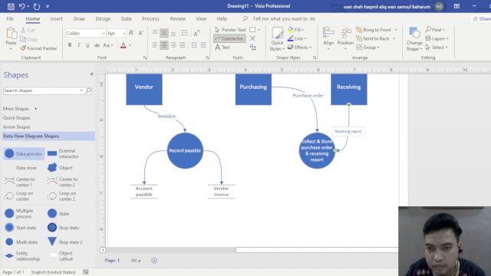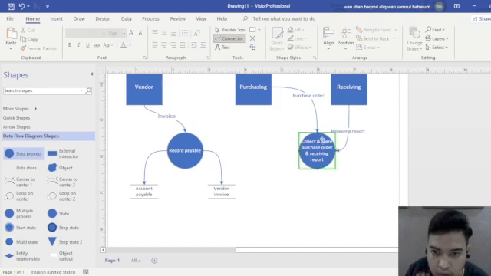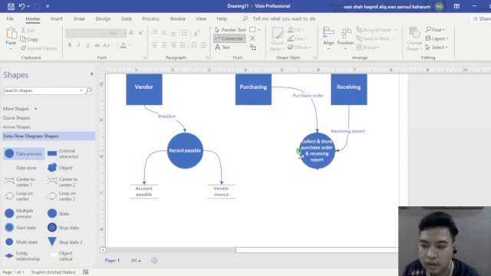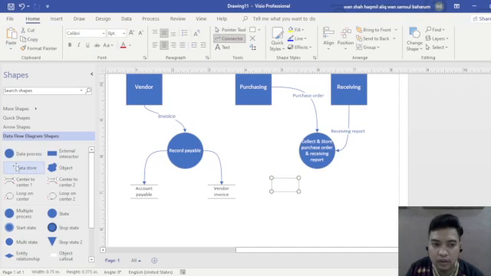Then this transformation data will separate into two data flows: one goes to the purchase order, where the purchase order will be stored, and another goes to the receiving report, where the receiving report will be stored. So there are two data stores here, one for purchase order and another for the receiving report.